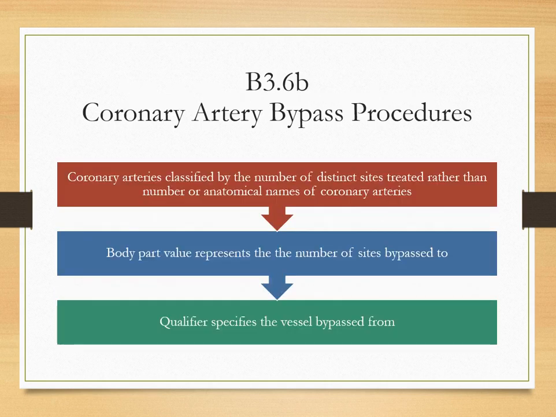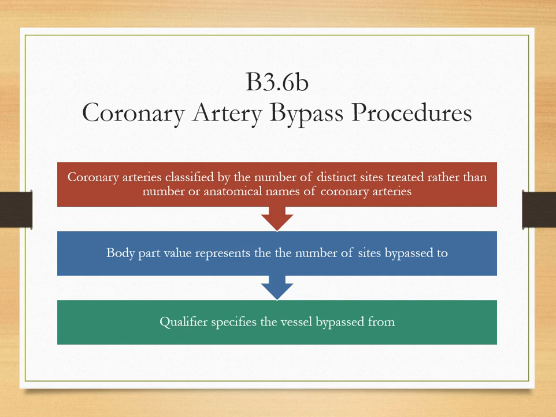All right, next up, still talking about bypass procedures, we're going to get into our coronary artery bypass procedures. Coronary artery bypass procedures are actually coded differently than other bypass procedures. So different than what I just spoke about regarding non-coronary bypass procedures.